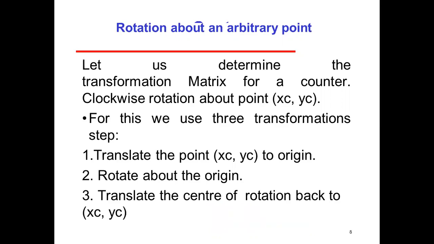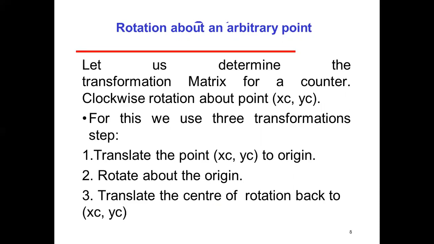Now we can see the case of arbitrary points. Here I am telling you this because maybe there is some confusion. So now again we are considering the case of rotation about an arbitrary point.